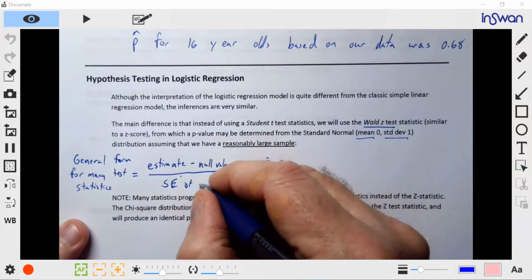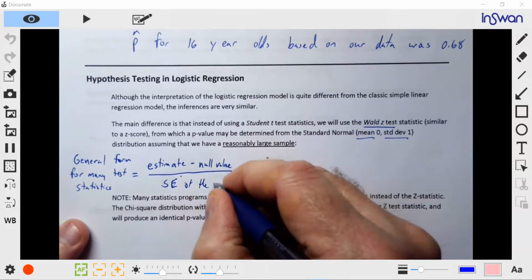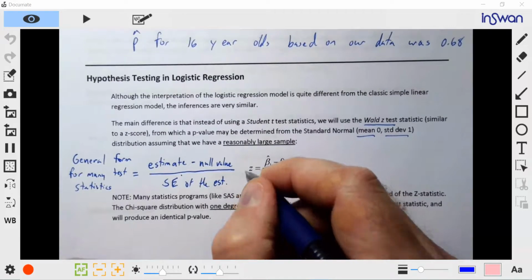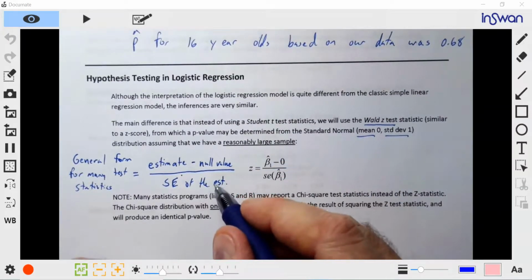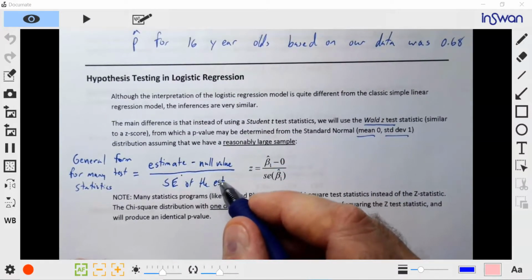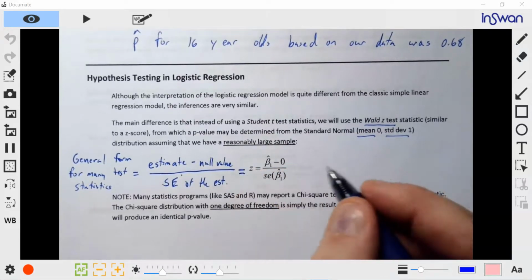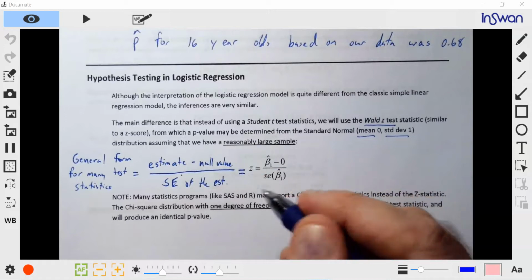This is the same thing you saw before. It's the same formula that we saw for the t-tests in linear regression.